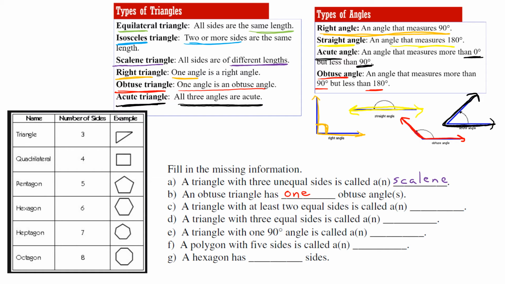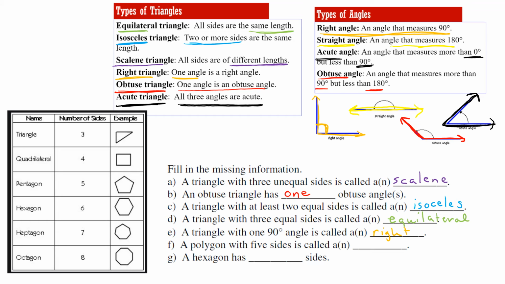A triangle with at least 2 equal sides, well, by definition, that's going to be our isosceles triangle. A triangle with 3 equal sides, well, that was our equilateral triangle because all of our sides are the same. A triangle with one 90-degree angle, well, that's our right triangle because that 90-degree angle in there makes it a right triangle.